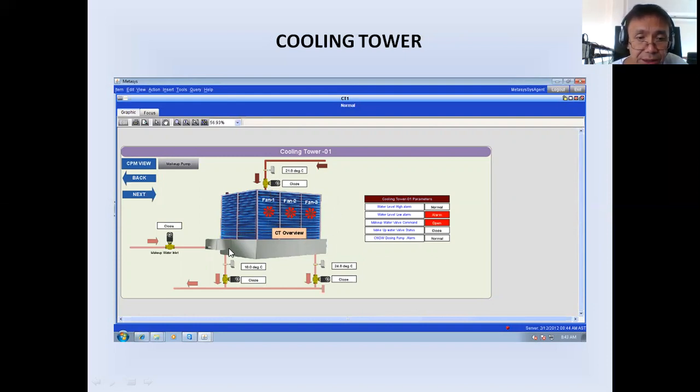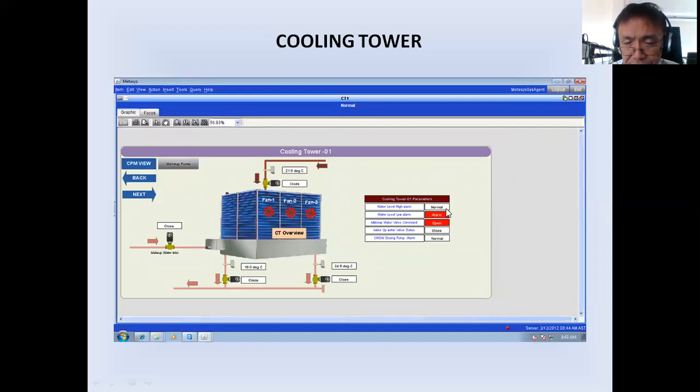Then this catch basin here, we have two outlets there, then two butterfly valves. So what you will see there is the leaving water temperature, then the status of the cooling valve. Then here we have a makeup water inlet. Then again there is a butterfly valve here.